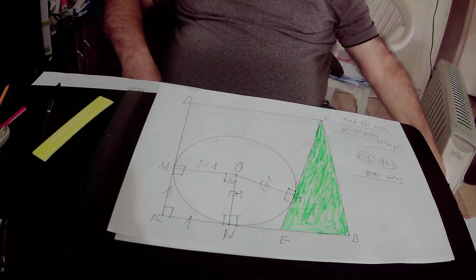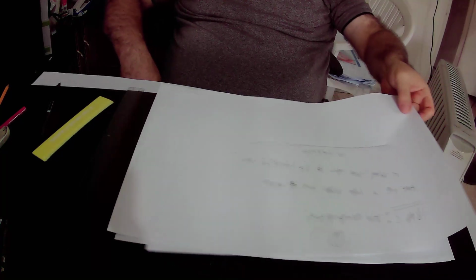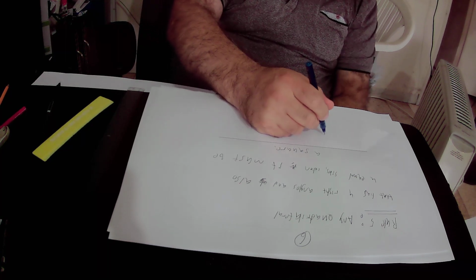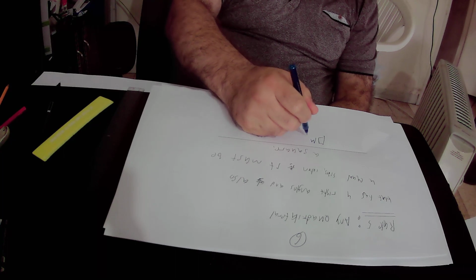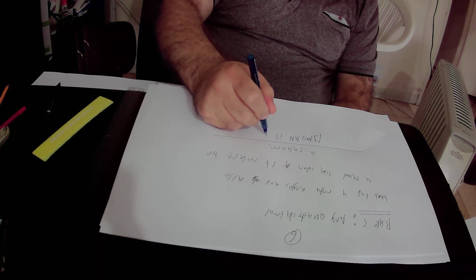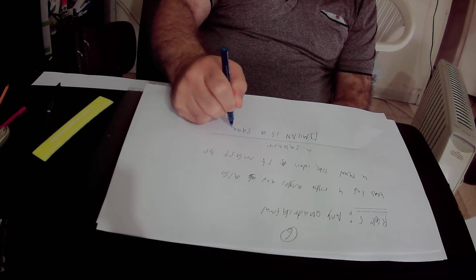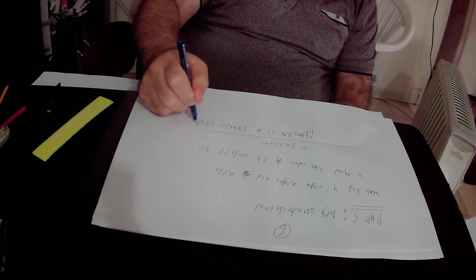I will write it down: quadrilateral MOAN is a square according to rule number 5.